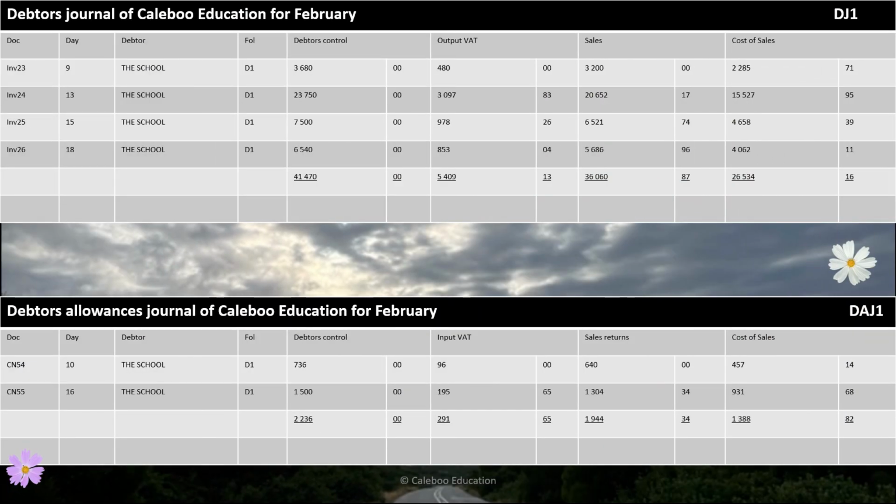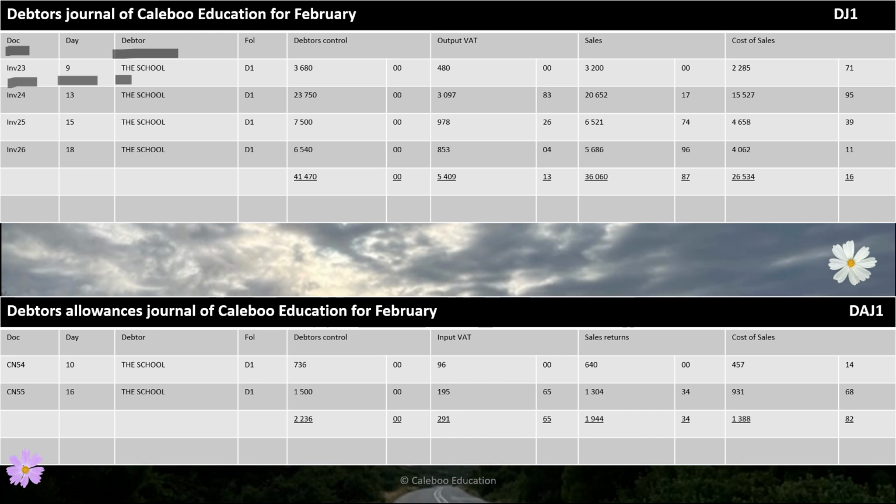The tax invoice is used to record the transactions in the debtors journal. That's what we're going to be doing. And if we look at the column headings here of this debtors journal, we've got document, so we're going to put the invoice number under document, the day the transaction took place, the name of the debtor.